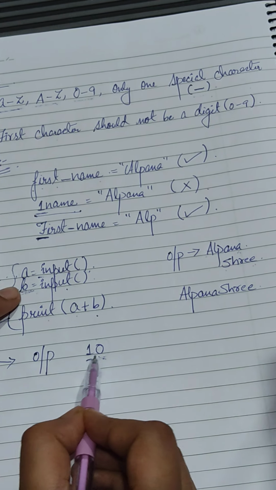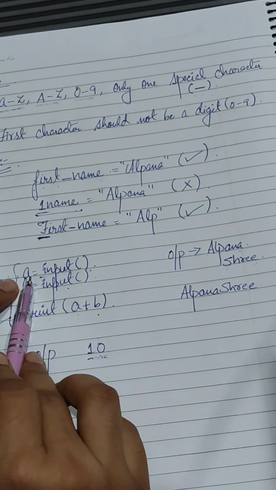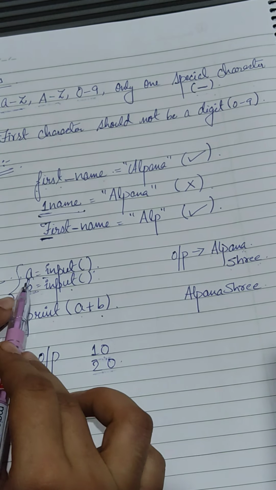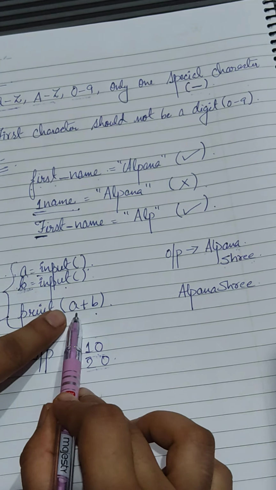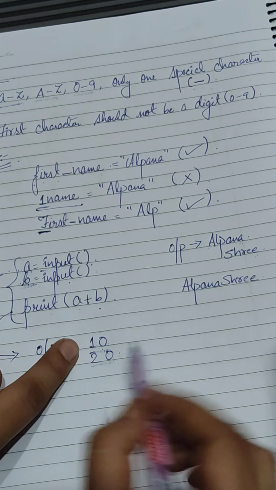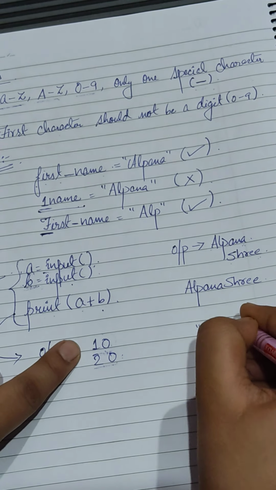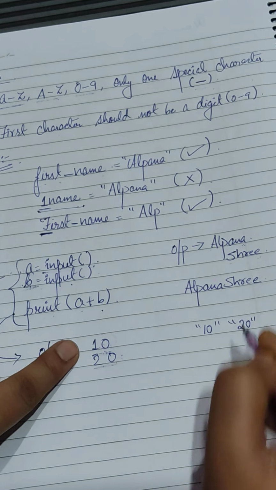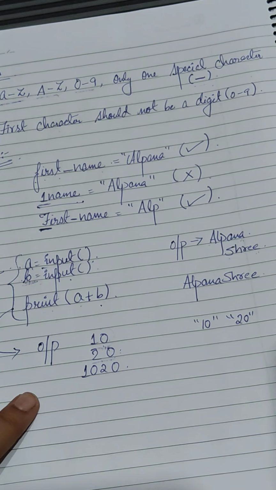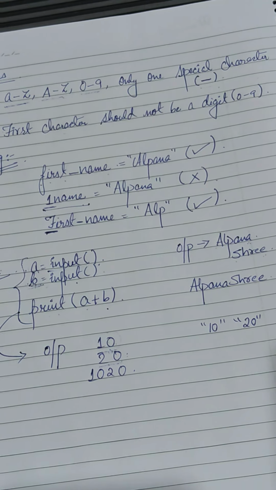So this 10 as a string is stored in a, and 20 as a string is stored in b. When we print a plus b, it doesn't sum up, because these two are strings. So our output will be 1020. Hope you got my point.